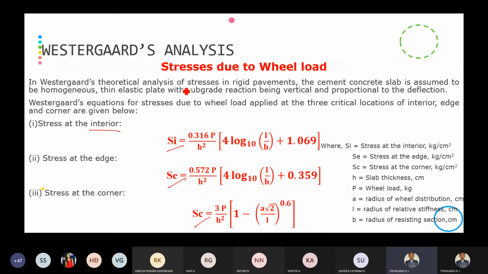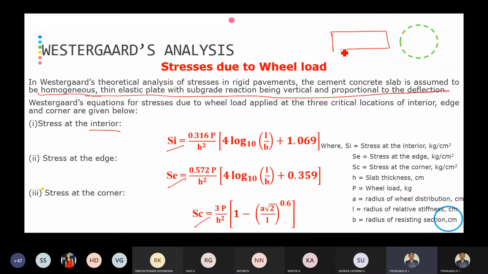So in Westergaard's theoretical analysis of stresses, the cement concrete slab is assumed to be a homogeneous thin elastic plate. In the starting only, he has assumed that the cement concrete is homogeneous in nature, and it is a thin elastic plate with subgrade reaction, vertical and proportional to deflection.